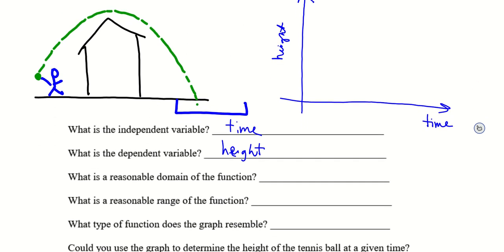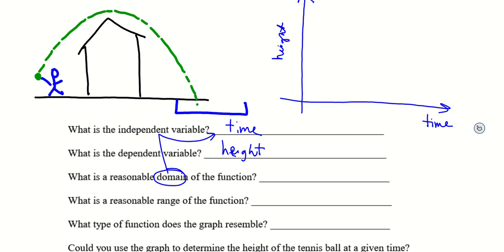What would a reasonable domain be for this function? Remember that domain refers to reasonable values for our independent variable, which is time. So if we take that tennis ball and we throw it, when time is 0, we are just releasing that tennis ball. And if it flies over that house and it lands in the swimming pool, let's think, 1001, 1002, 1003, 1004, 1005.